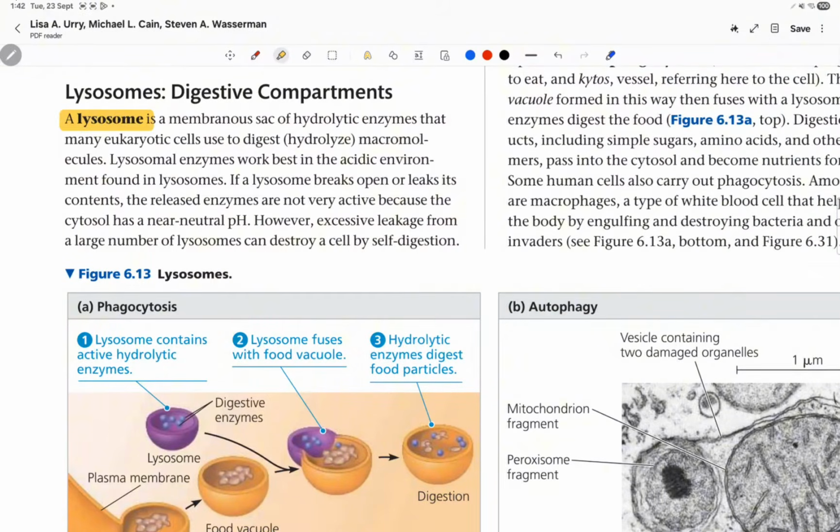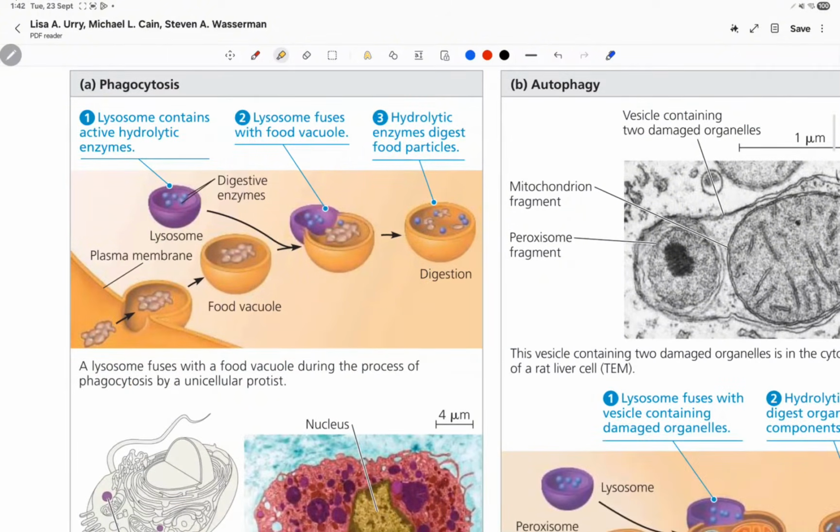Lysosomes are going to be so important, not only for committing suicide for the cell to save the neighboring cells. It can also be important as part of a process named phagocytosis.